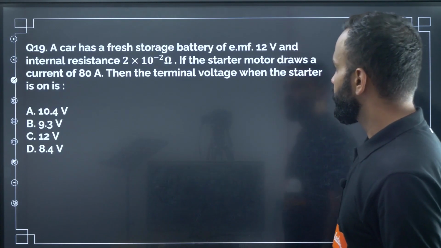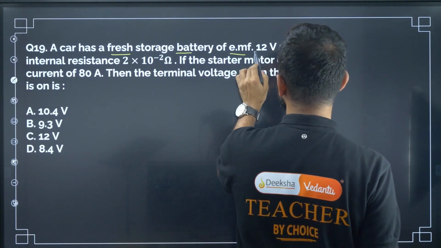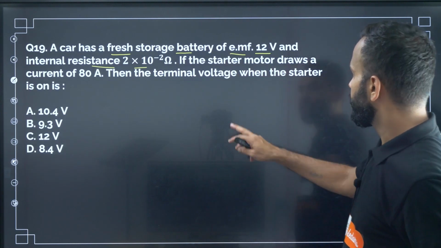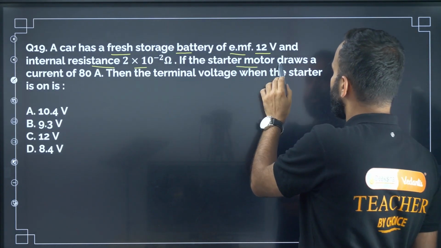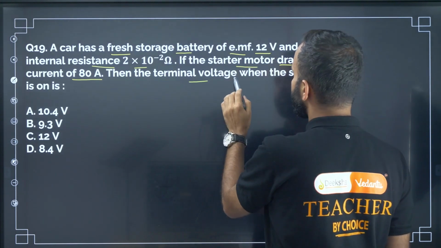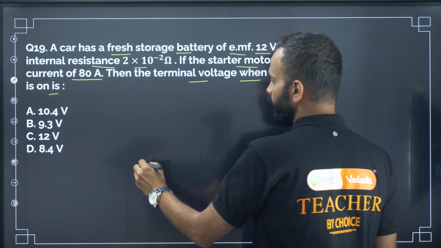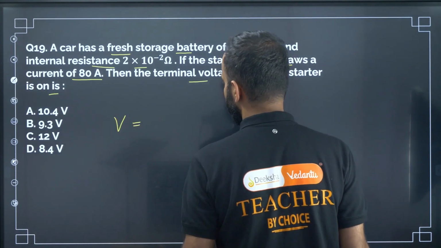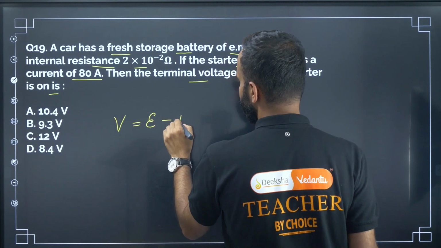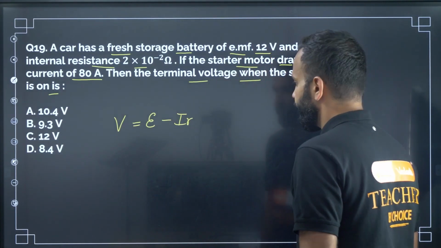Okay, next question, question number 19. A car has a fresh storage battery of EMF 12 volt and internal resistance 2 into 10 to the power minus 2 ohm. If the starter motor draws a current of 80 ampere, then the terminal voltage when the starter is on is... Okay, we know that terminal voltage V equal to EMF of the battery E minus I into R. R is the internal resistance of the battery, right?